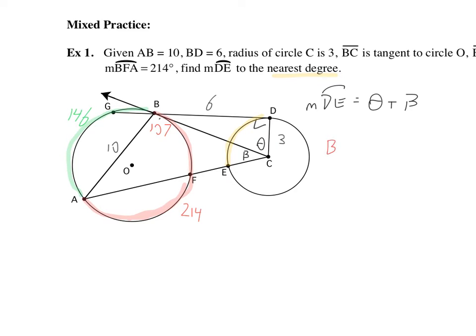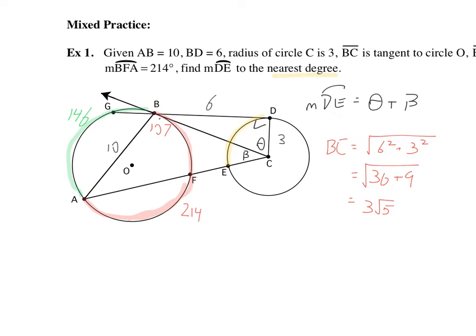So BC is equal to the square root of 6 squared plus 3 squared. So that's 36 plus 9 and the square root. So that looks like that's going to be 3 root 5 when it simplifies.